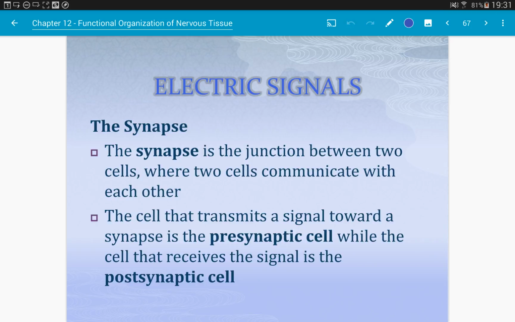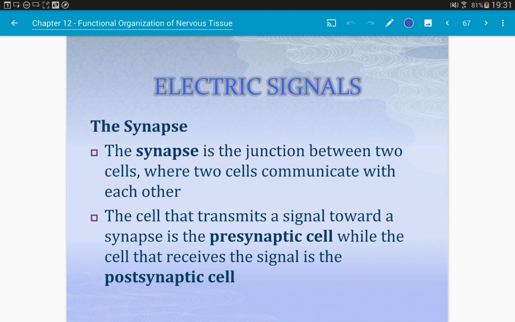So, we've moved past action potentials. Yay! We've talked about ionic current, how it's propagated, how it's spread. So that's ionic current on an unmyelinated axon. We've talked about how it's propagated on a myelinated axon.